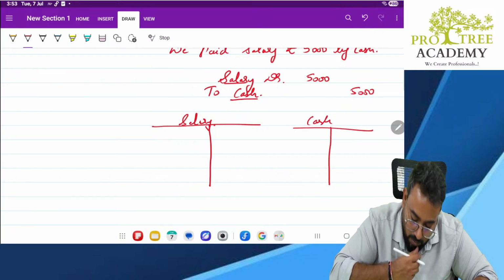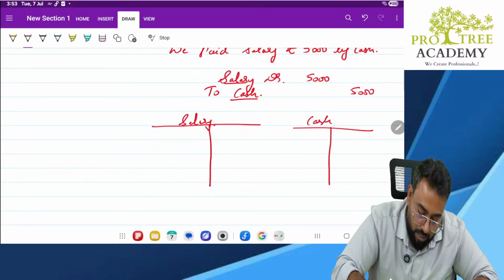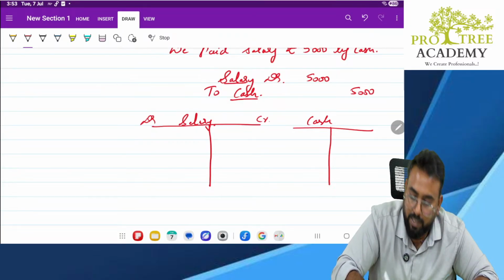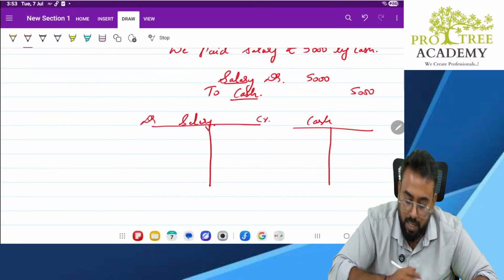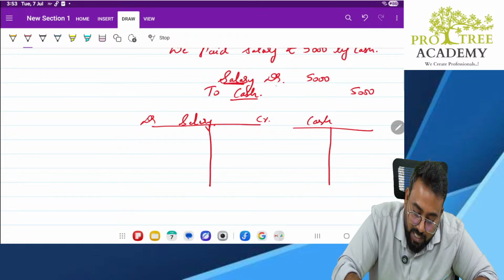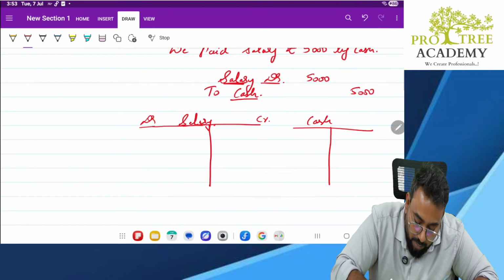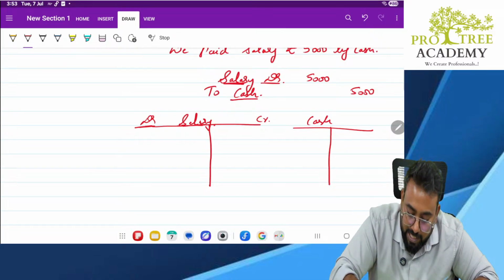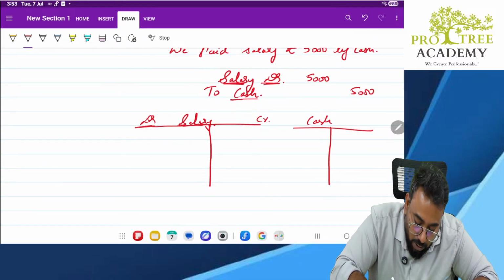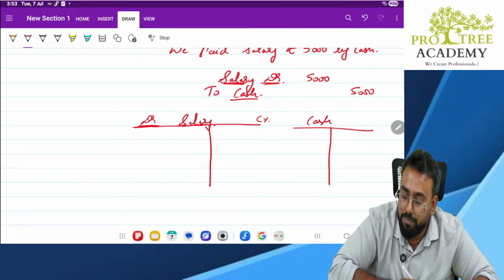Clear? Okay. Now, debit, credit. Correct? Now understand. Salary is debited. So we will start on the salary account debit side. Salary is getting debited, correct or no? So in salary account, we'll start on the debit side.